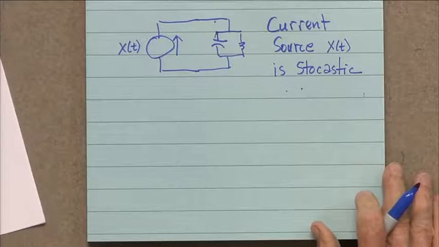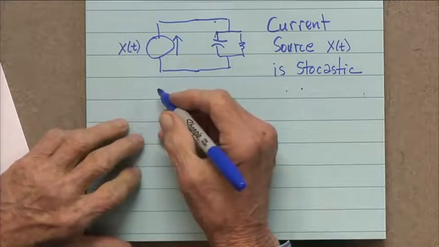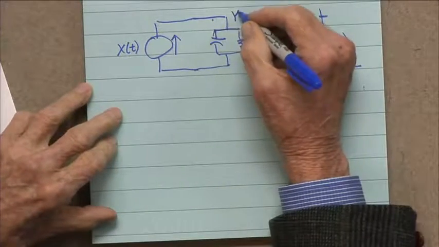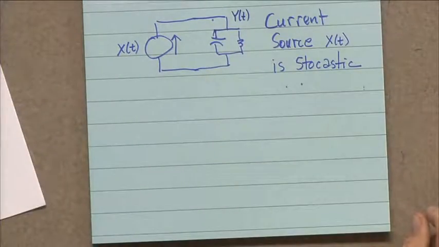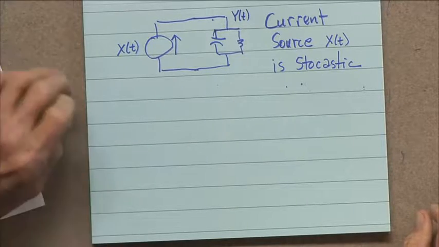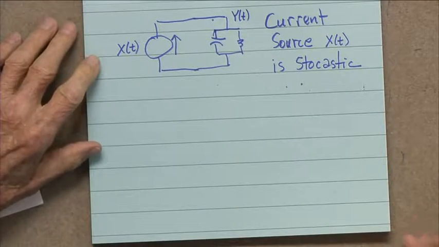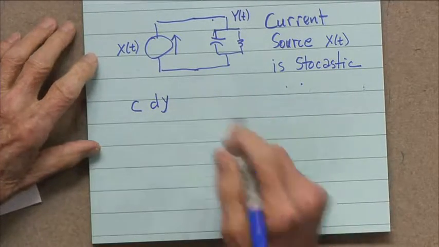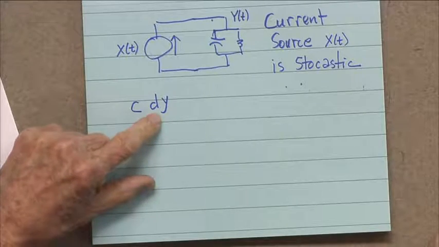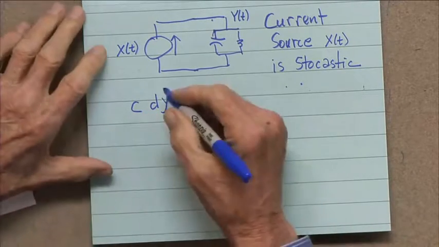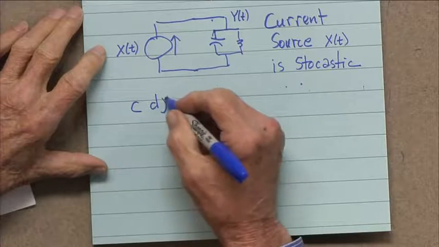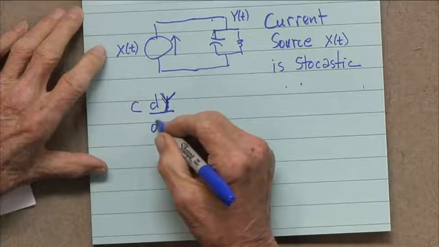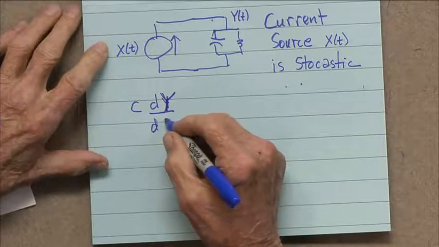And so we have the voltage at this point, y of t, is C times dY/dt plus G Y, where G is the conductance and C is the capacitance. Y is a random variable.